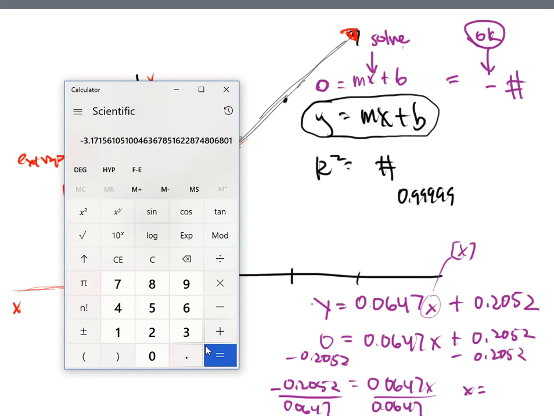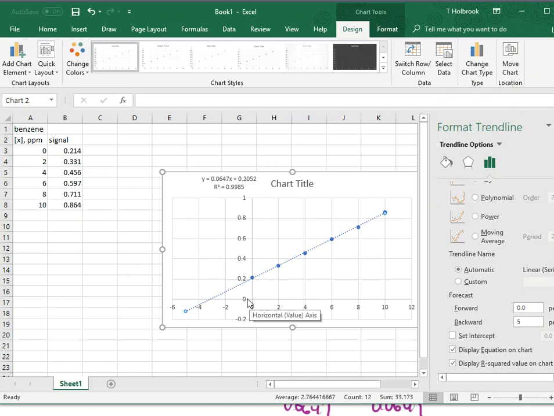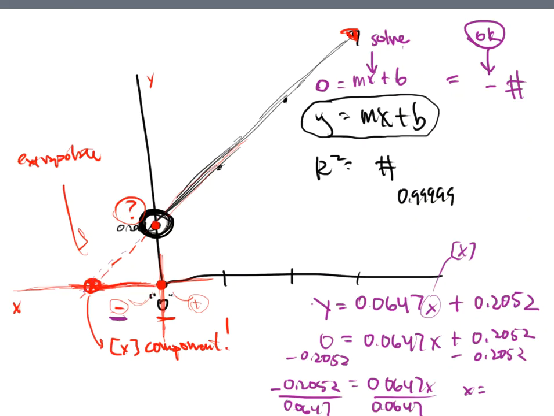Now, we said the negative doesn't really mean anything. We knew it was going to be negative, right? If I go back to that graph, we knew that we were working on the left-hand side of this, and that's okay. We just pretend in standard addition that that negative does not show up. So 3.17 is going to be the concentration that's in that sample.